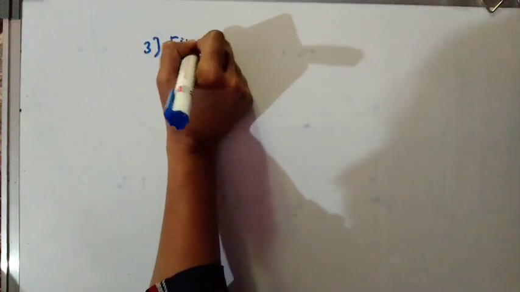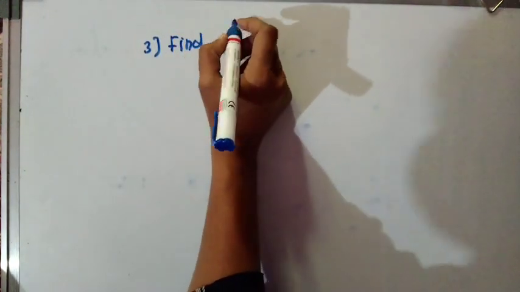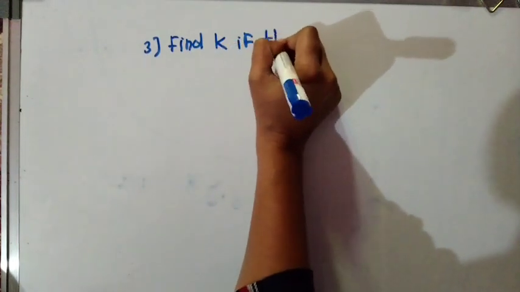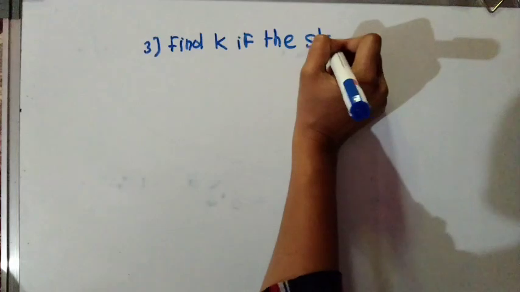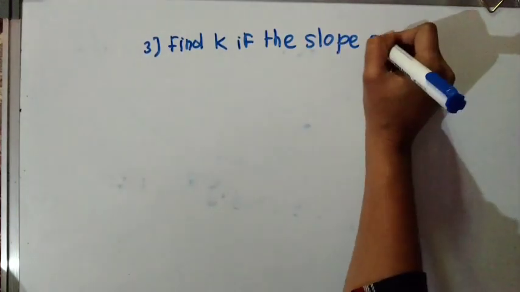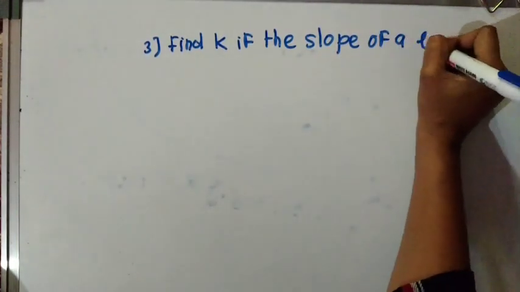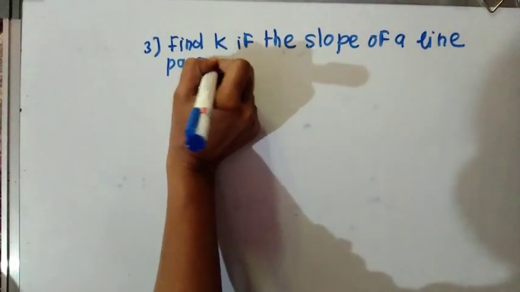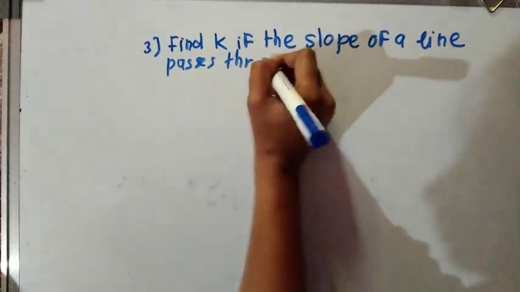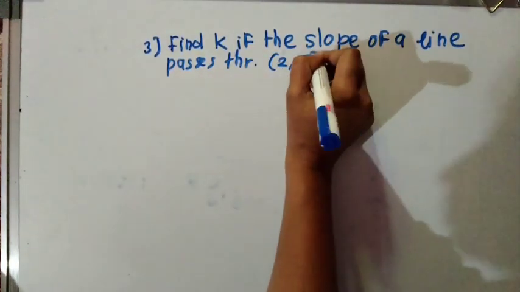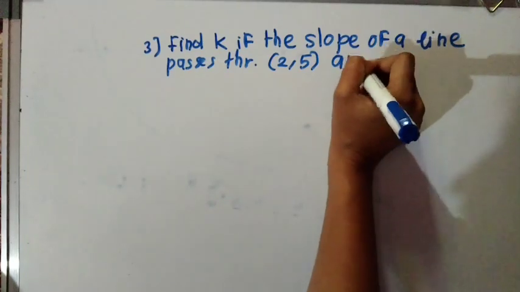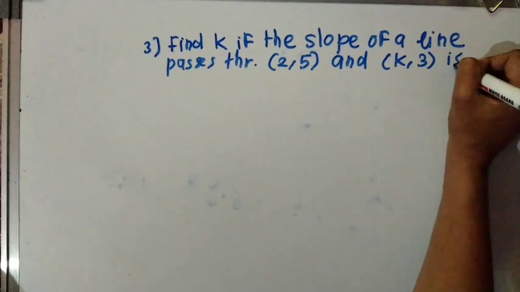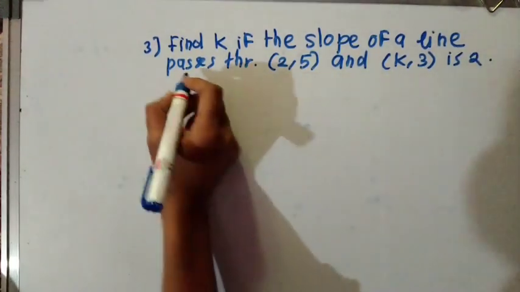Find k if the slope of a line that passes through (2, 5) and (k, 3) is 2.